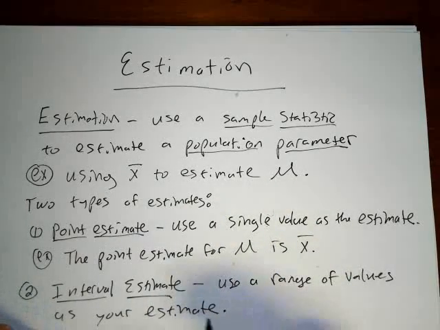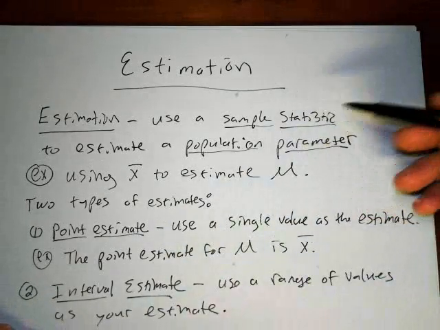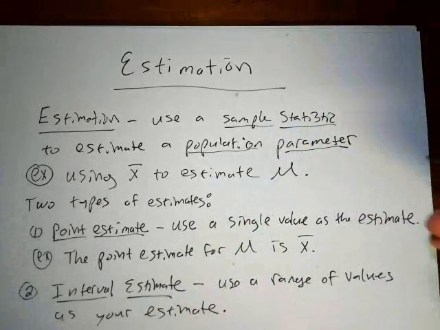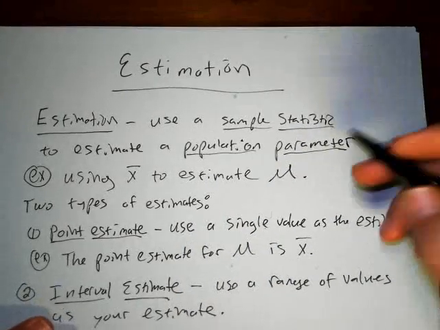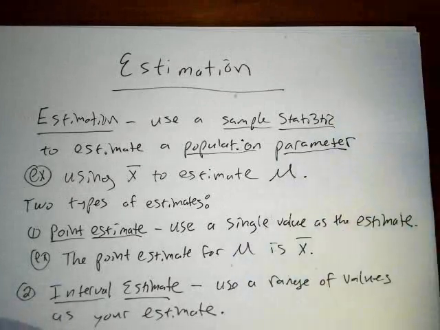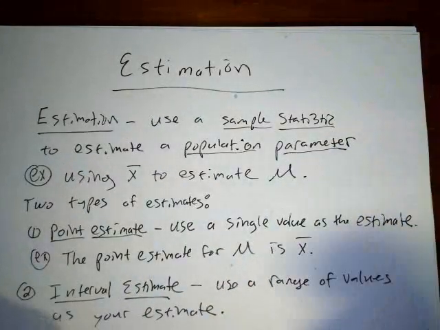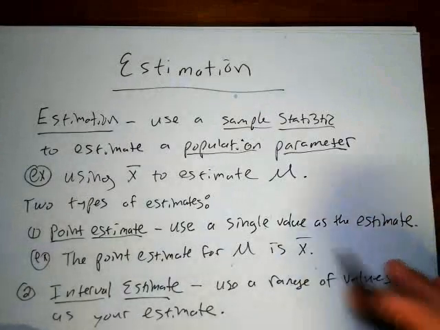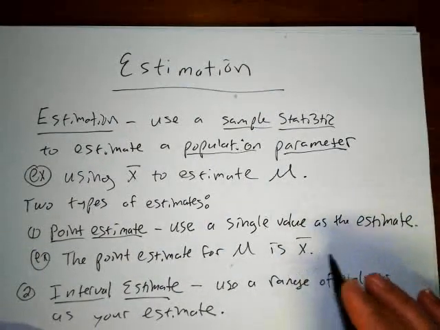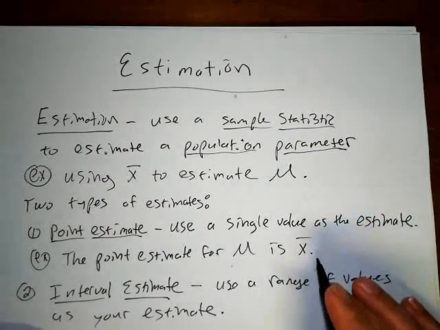Like, let's say my population was the age of college professors. A point estimate might be, I take out a sample, calculate the average, and let's say the average was 47. So the point estimate would be 47, the sample mean.